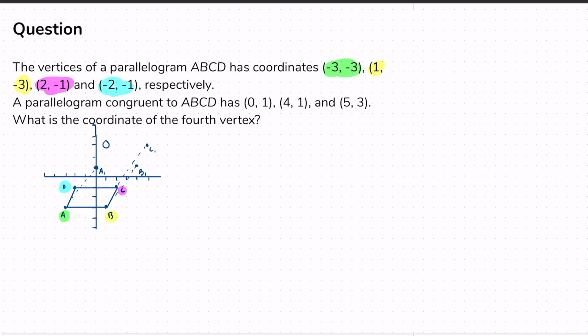For A, let's do this in green, we're going across 3 and up 4. So let's call that from A to A1, across 3 and up 4. Well, what's happening from B to B1? Well, again, 1, 2, 3, and then up 4.